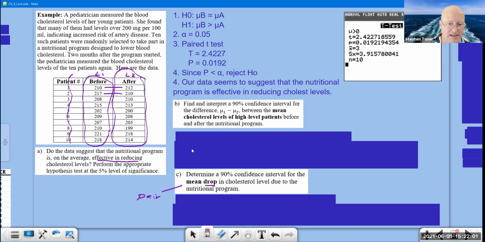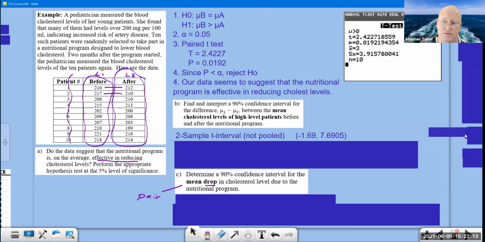So a lot to pay attention to, but even then, the mean difference between the mean cholesterol levels of the patients before and after tells us that we're dealing with a 2-sample t interval, not pooled, because we're not flipping a coin saying if it's before or after. It already is one of those two states.